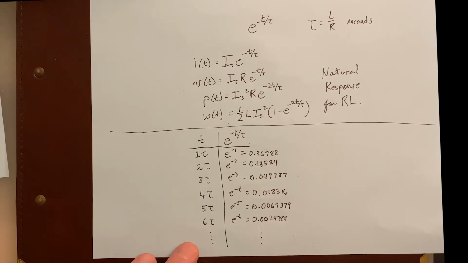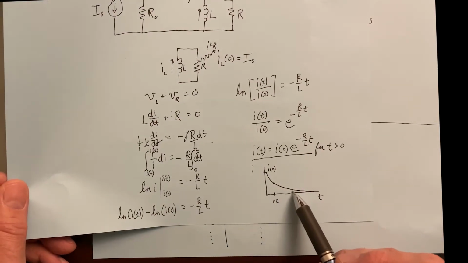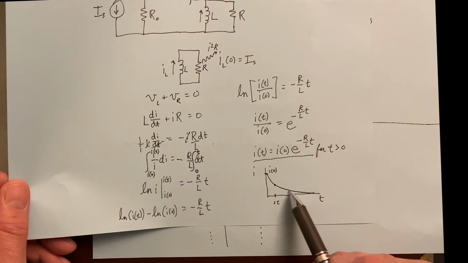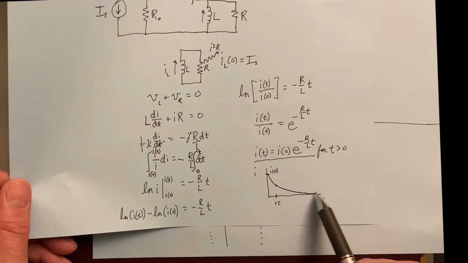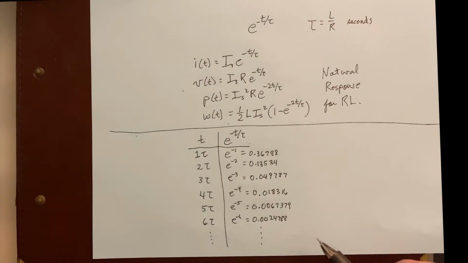What you would discover is that no matter how far you go in time, in counting taus, you never really get to 0. And that's because of the nature of the decaying exponential. If you recall, I said it reaches 0 in the limit. So as t goes to infinity is when, because of that decaying exponential, it reduces down to 0.